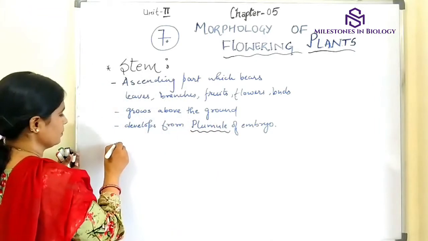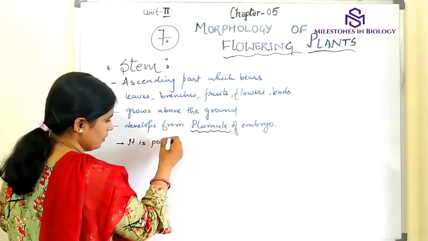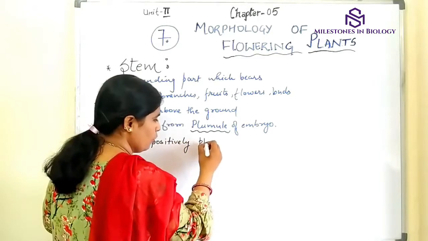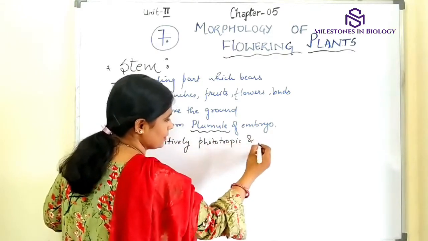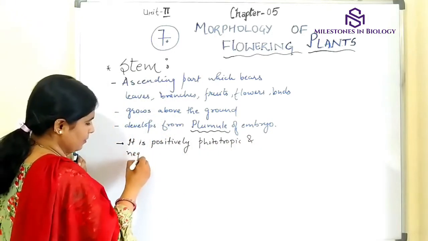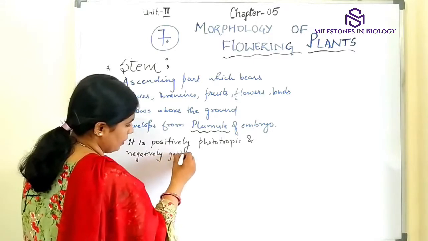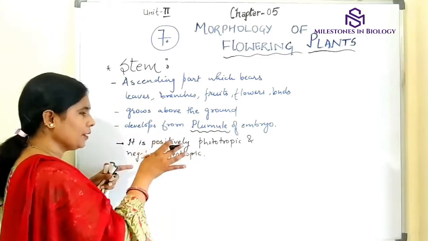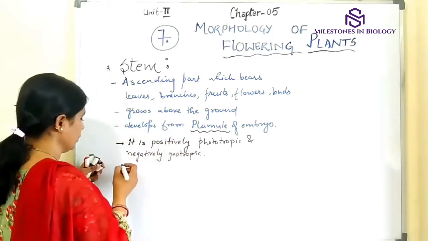Next is, it is positively phototropic and negatively geotropic. Okay, you will find exceptions here, but most of these stems are positively phototropic.